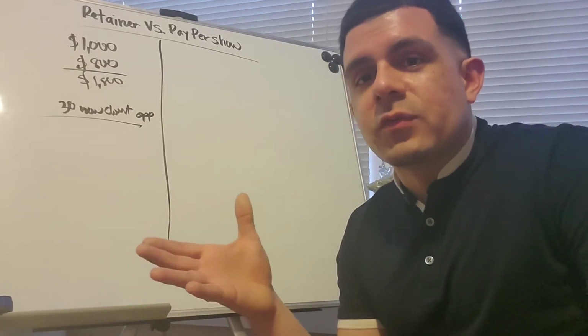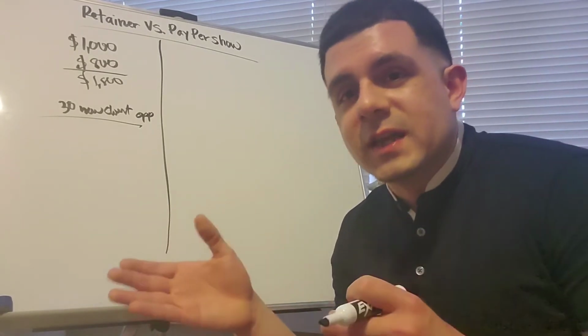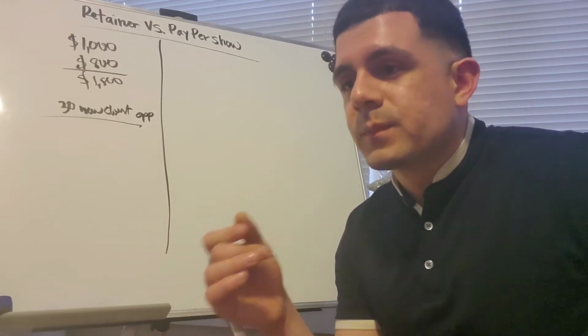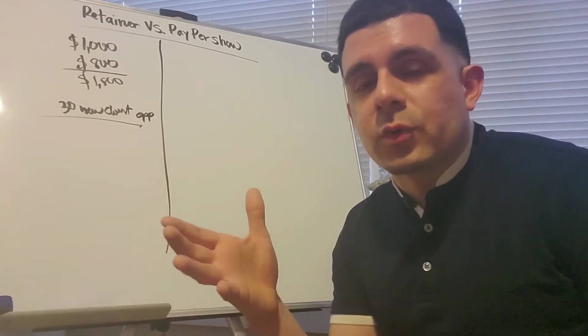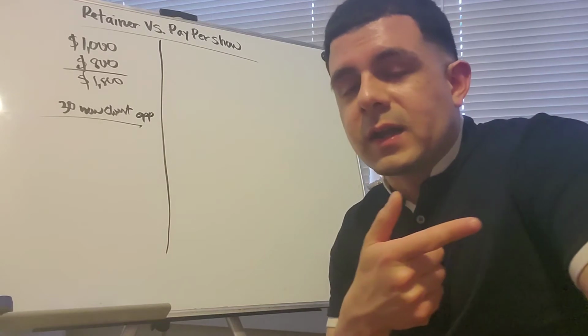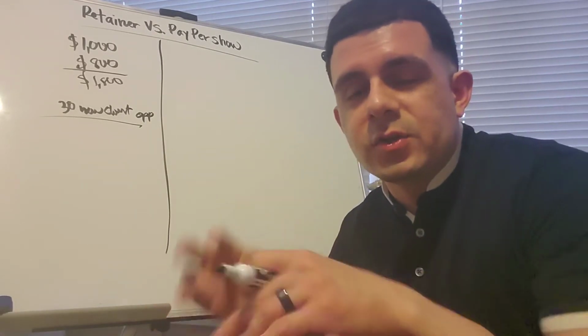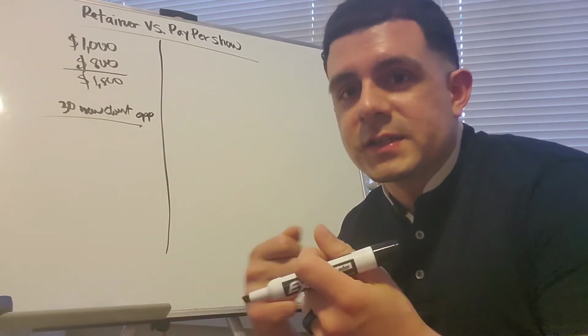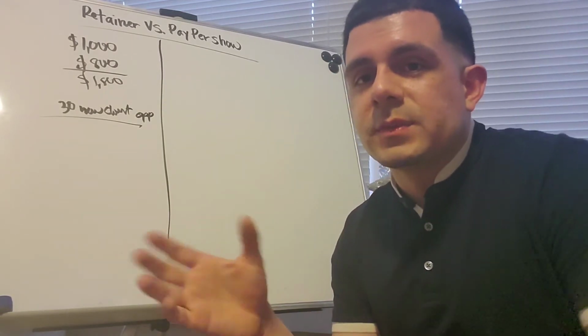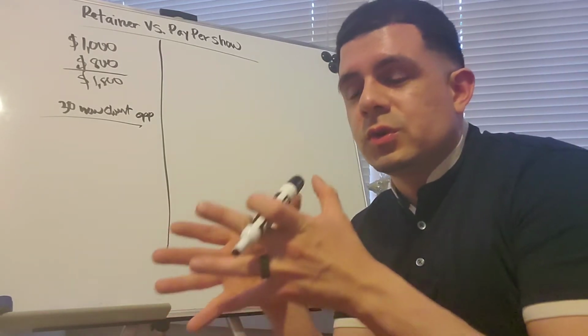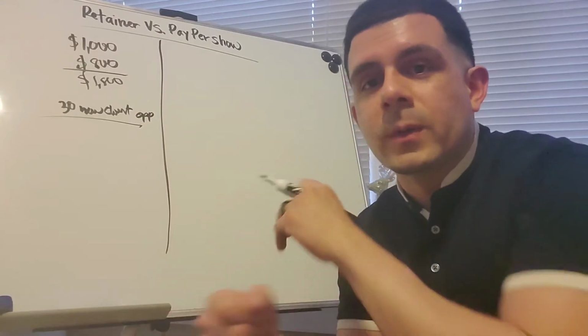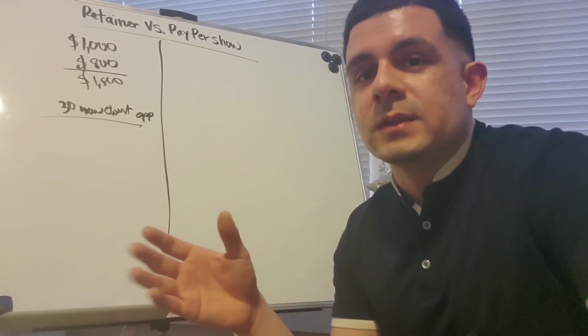This automation, or artificial intelligence, software works the lead for you and for the client. So rather than having someone texting or emailing the lead, the artificial intelligence software nurtures the lead.